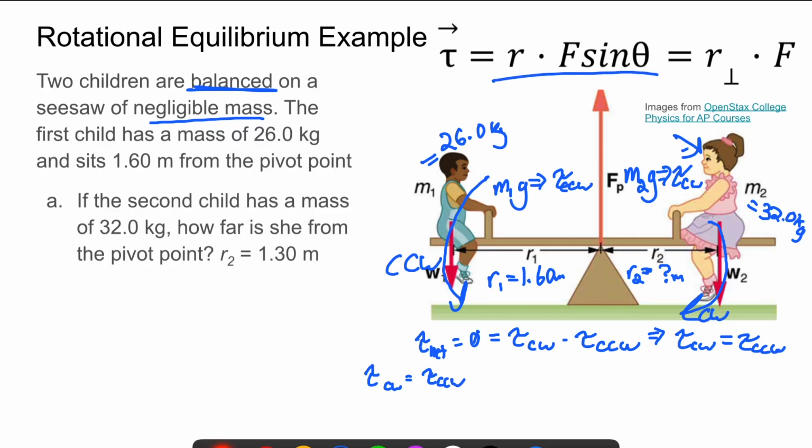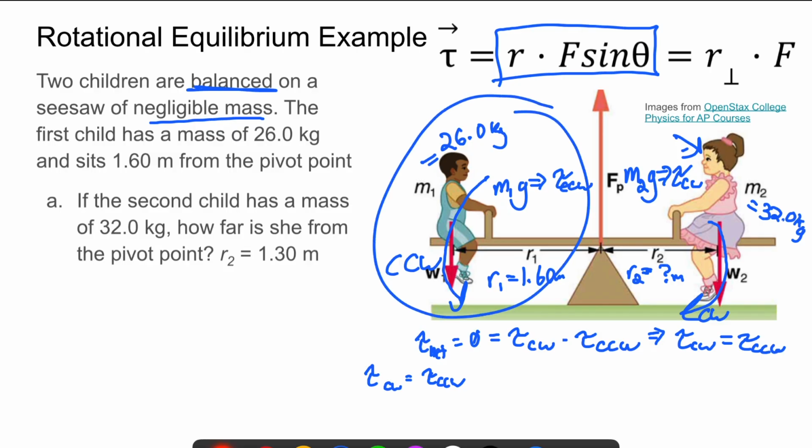and we rewrite everything using our equation for torque, we get that our clockwise torque is going to be our student 1, right? And that force of gravity on child 1 is his mass times g, and then his radius is radius 1, and then obviously his angle between his weight and the radius is going to be that sine of theta 1.